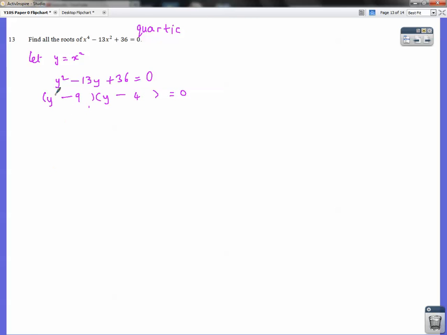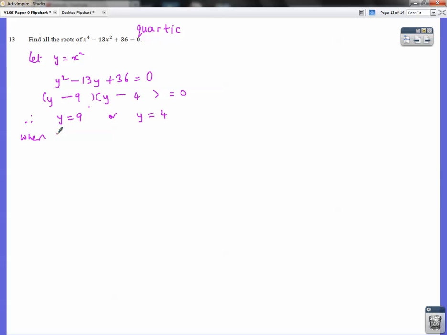So that's the factorized form of y squared minus 13y plus 36. From that, I can see that either y minus 9 is 0, which makes y equals 9, or y minus 4 is 0, in which case we get y equals 4. I now need to look at the case where y equals 9 and see what values x could have, then the case when y equals 4.